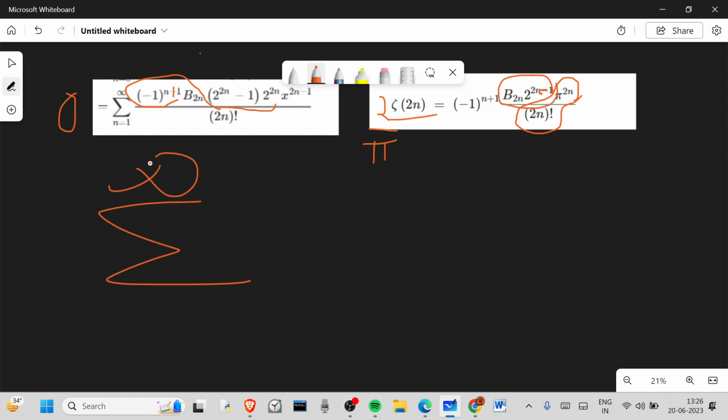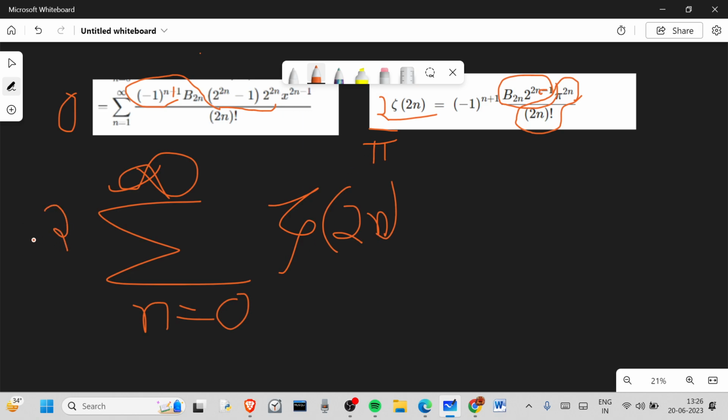So basically n is 0, n is 1, sorry. Zeta at 2n, of course 2 by pi as well, 2 by pi into 2 to the power 2n minus 1.